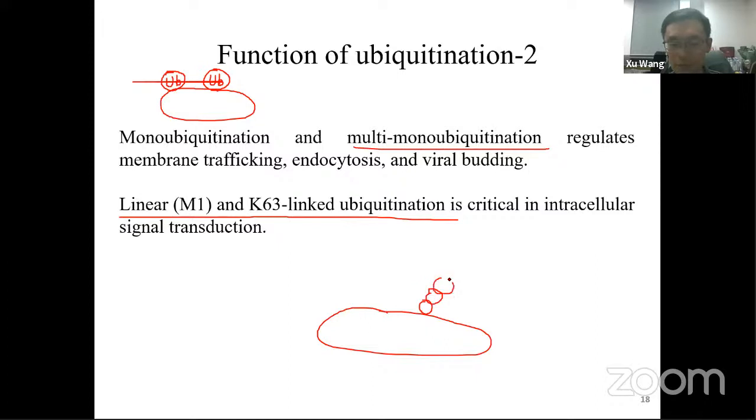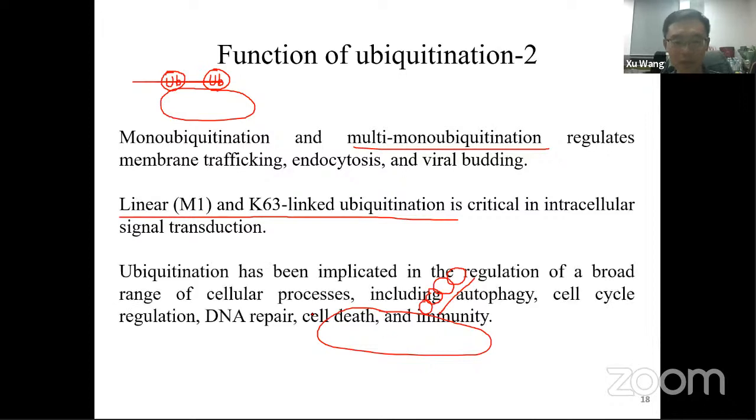In polyubiquitination, ubiquitins form a chain, and then this chain of ubiquitin is attached to the protein substrate. Ubiquitination has been implicated in the regulation of a broad range of cellular processes, including autophagy, cell cycle regulation, DNA repair, cell death, and immune responses, in particular inflammation.